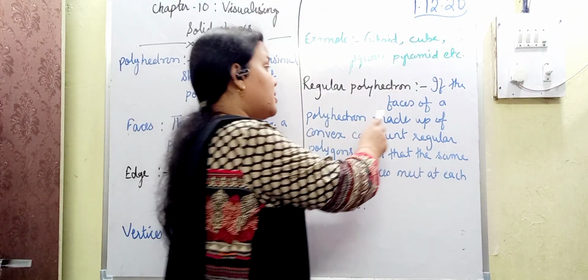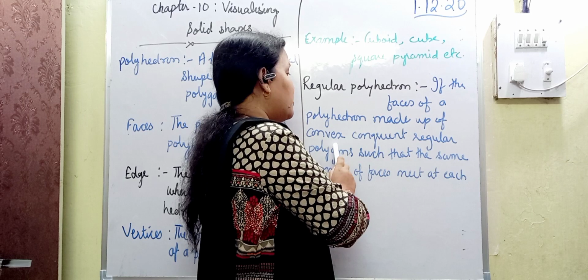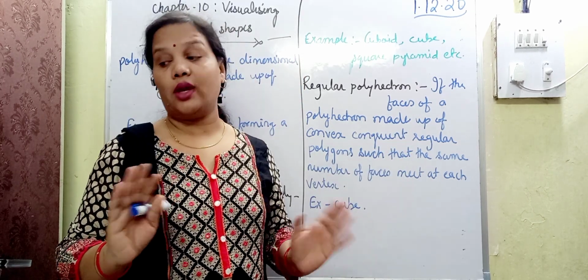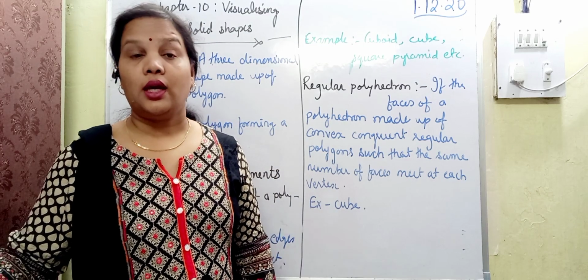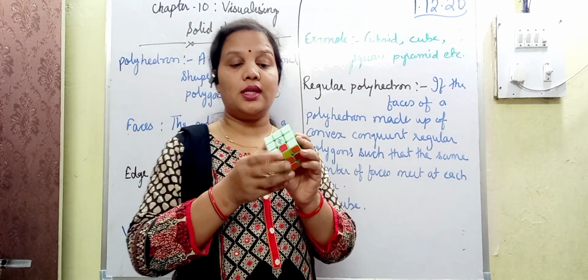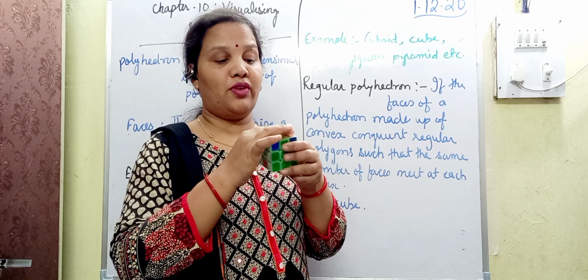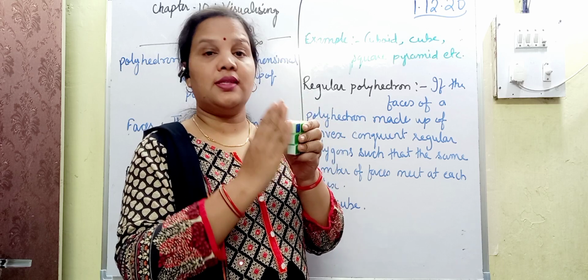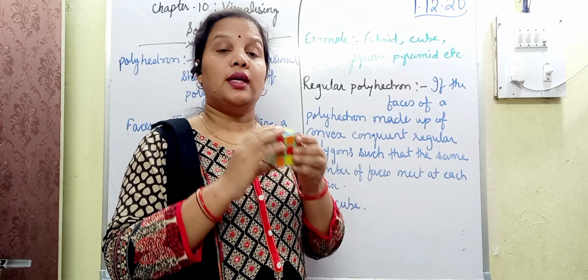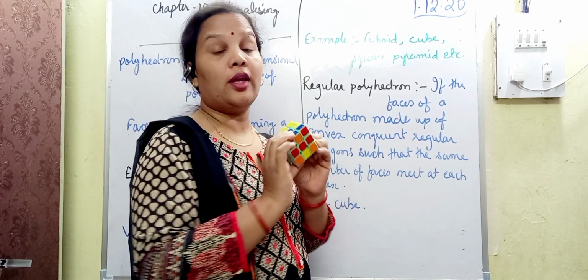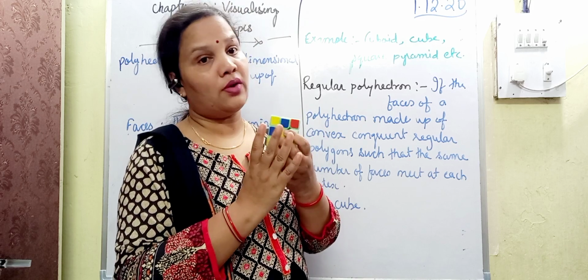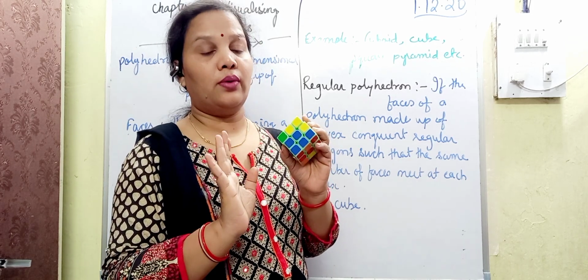If I take this cube, you can see that each of its faces is of the same shape, right? Here each face is a square, so this is known as a regular polyhedron, because each face is a congruent shape, right?